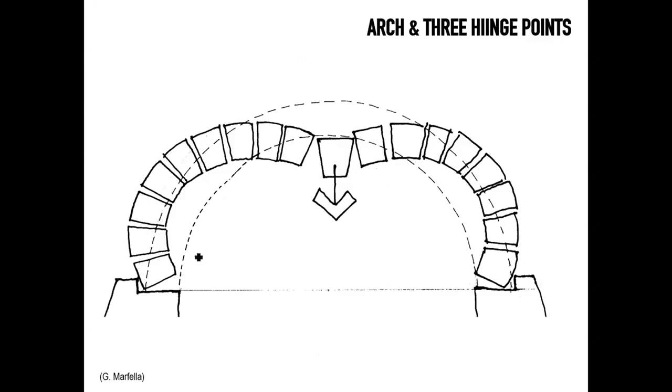Obviously, this has been exaggerated, but they tend to transform themselves into a structure that is known as an arch with 3 hinges. So they tend to rotate at the abutments, and they also tend to rotate at the key.